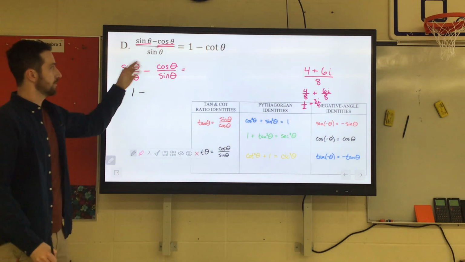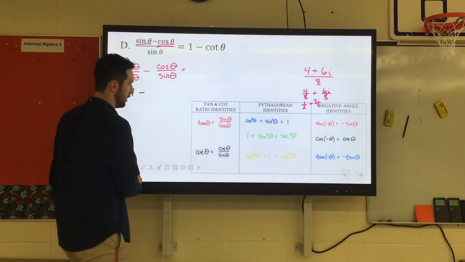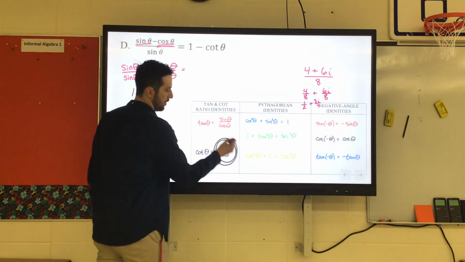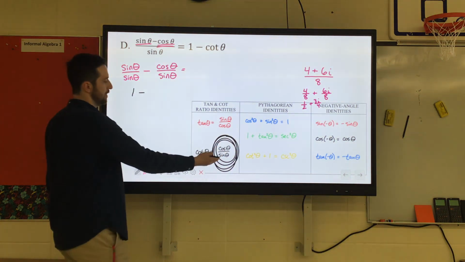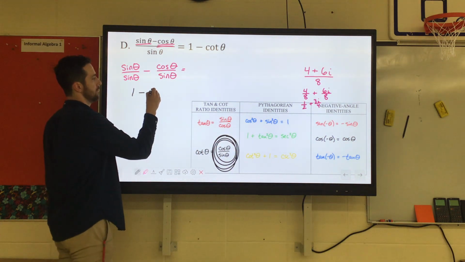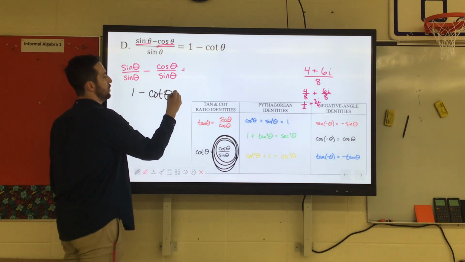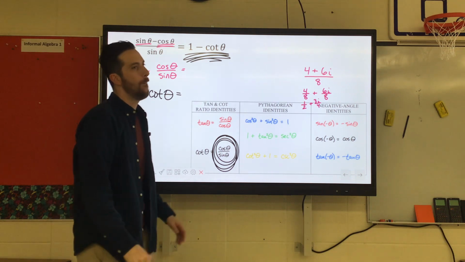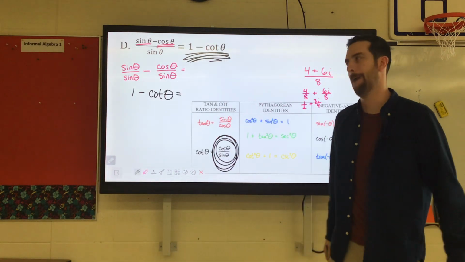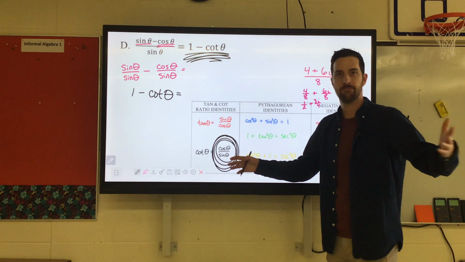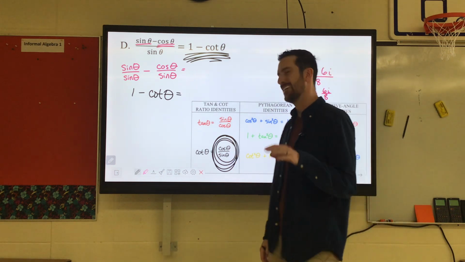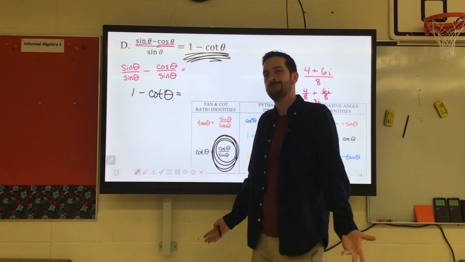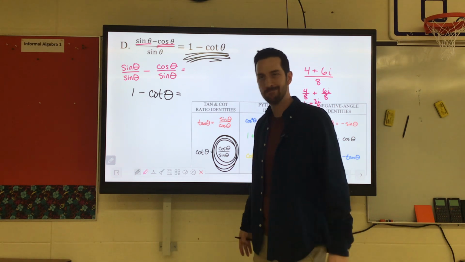And then we have this cosine over sine. If you look at our tan and cotangent ratio identities, cosine over sine is equal to cotangent. We're done. That's it. It's kind of sad that that one wrapped up that quickly, but that's the burden of being smart like you.